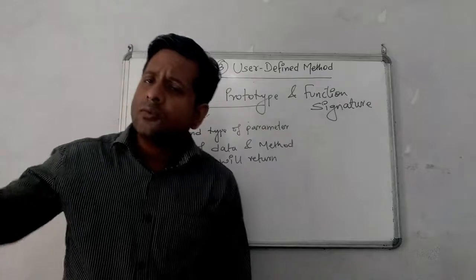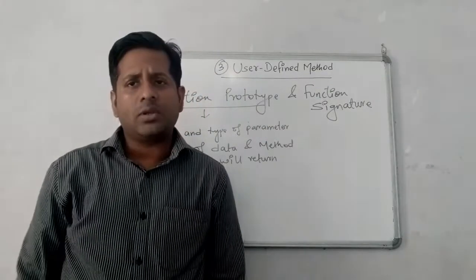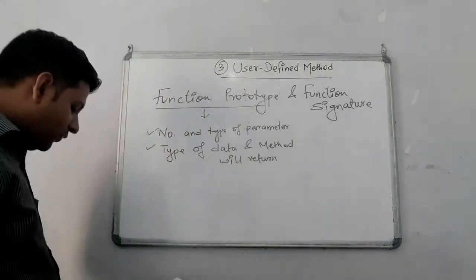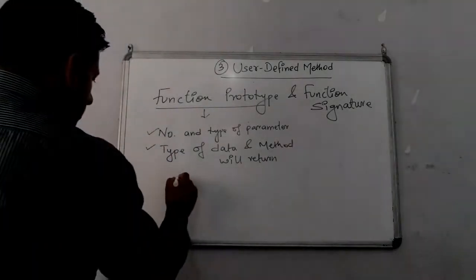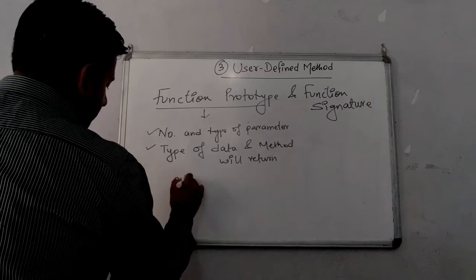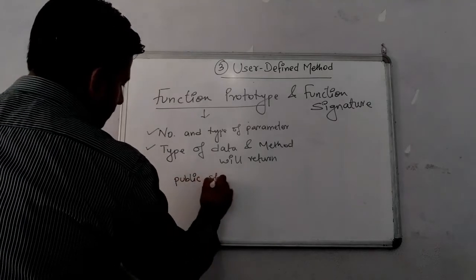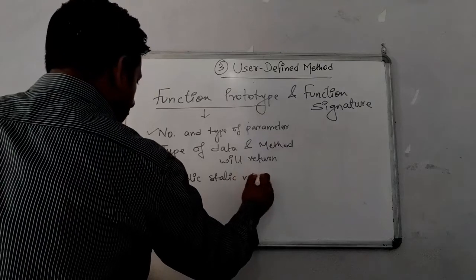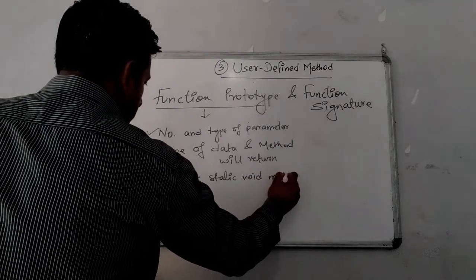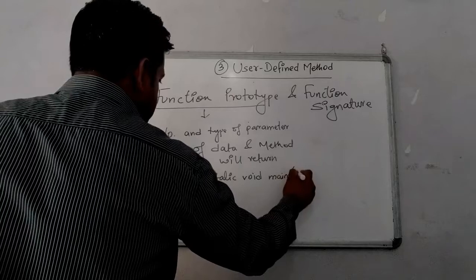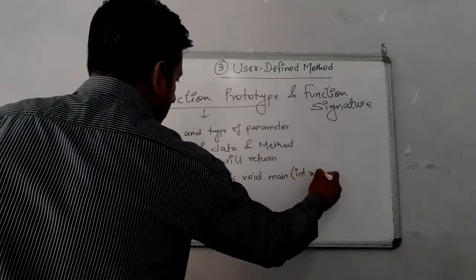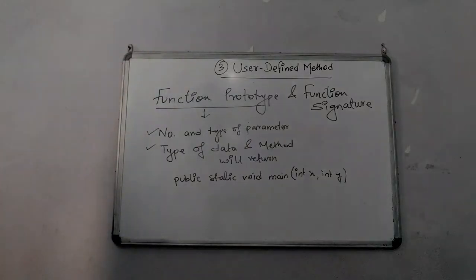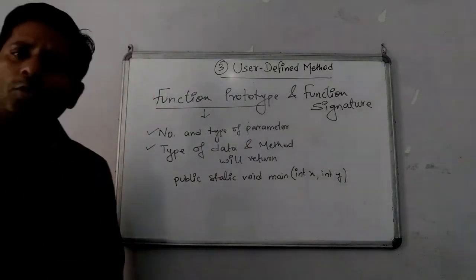Function prototype is the first line of function definition. Now what is the first line? Usually we write like this: public static void main (int x, int y). So children, this is known as function prototype.